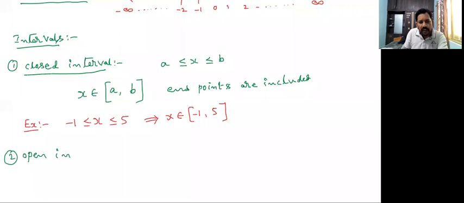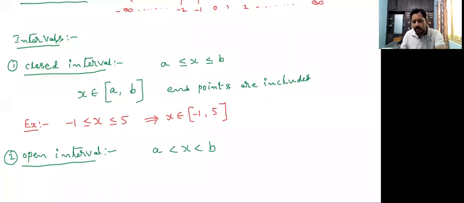Next, open interval. What does open interval mean? Let x be a real number such that a is less than x, which is less than b. Symbolically, x lies in the open interval a and b. We can write it like this: open bracket a comma b.